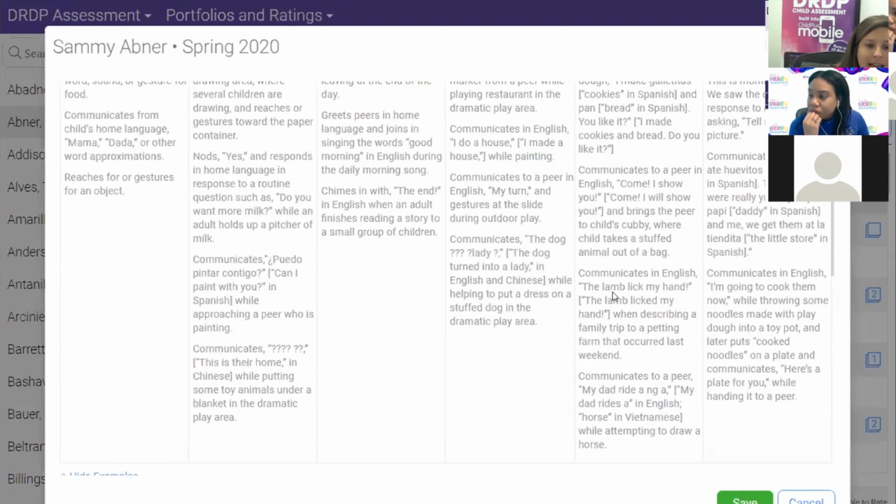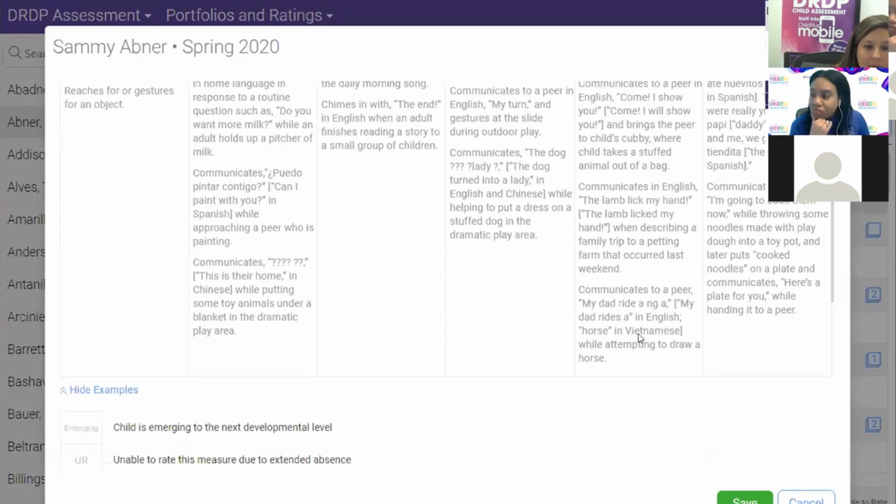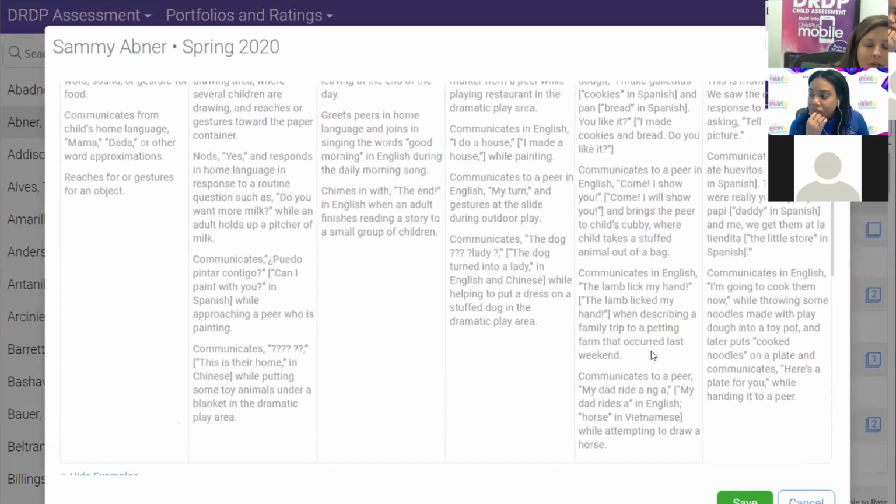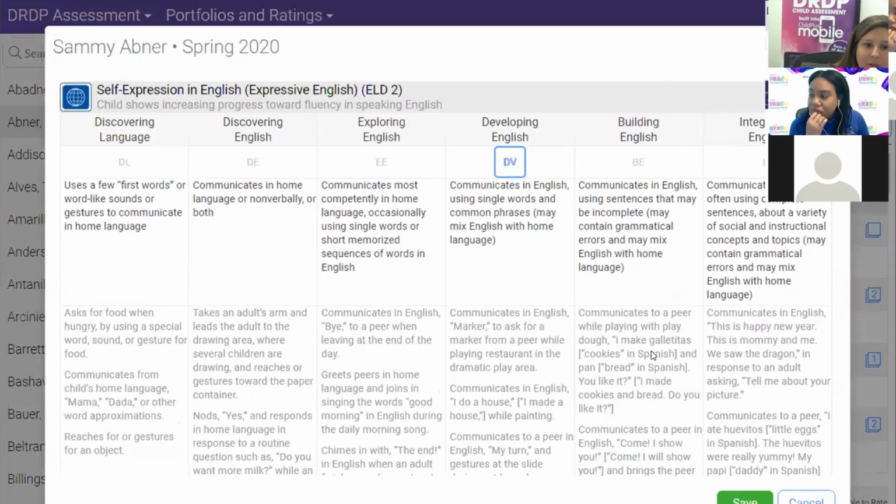Communicates in English, "the lamb licked my hand," when at a petting farm from last weekend. And then communicates, "my dad rides a pig," in English, and she means horse, while attempting to draw the horse. So based on what I've seen in my observations, I know she can come up with single words and phrases.